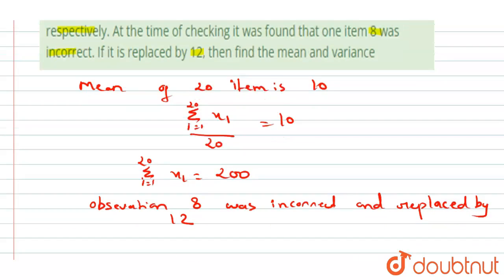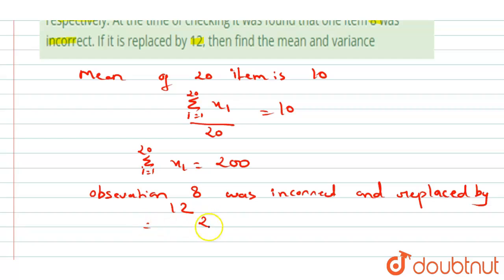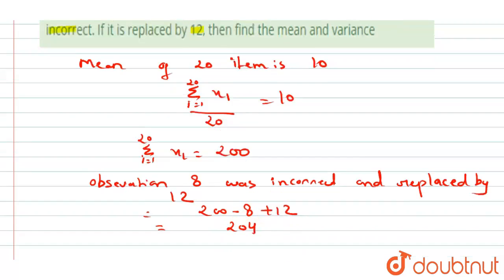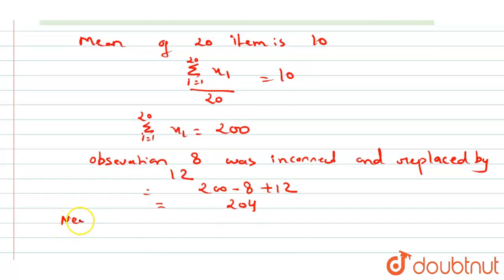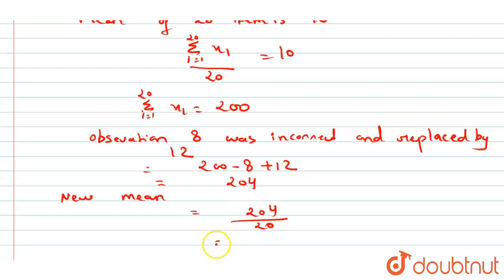So we are able to write it like that: 200 minus 8 plus 12. We will get 204. So our new mean is equal to 204 upon 20. When we solve this, we will get 10.2. This is our new mean.